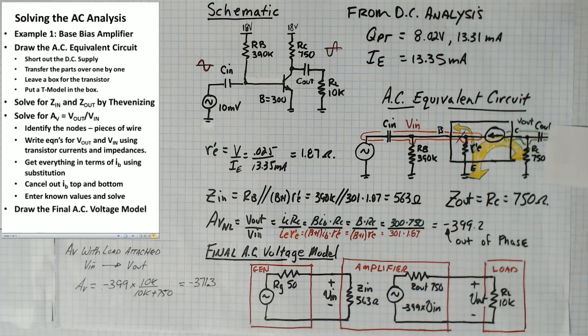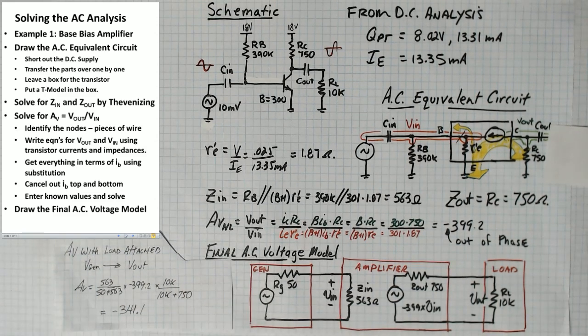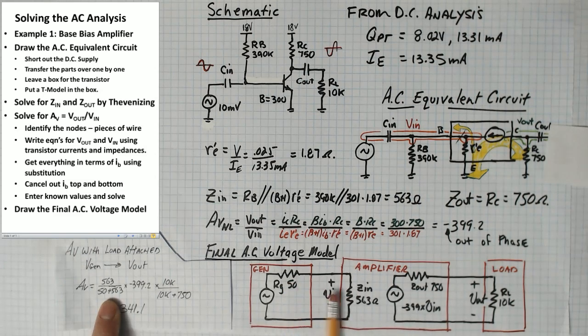Next question might be, well, what if this is 1 volt and I have to set that up before I attach it? As soon as you attach it, you will get a voltage divider between here and here. So if you wanted to figure out the gain from VG to V out, a little bit of an animation here. The gain from V gen to V out would be, let's say this is 1 volt. First thing you would do is you'd have a voltage divider between the 563 and the 50 ohm. That's shown here. That would be the voltage that would appear in the input of the amplifier.